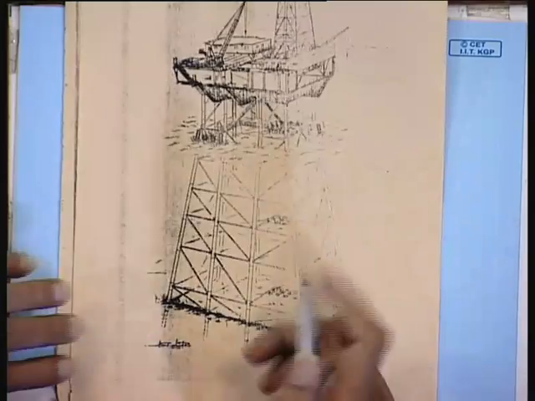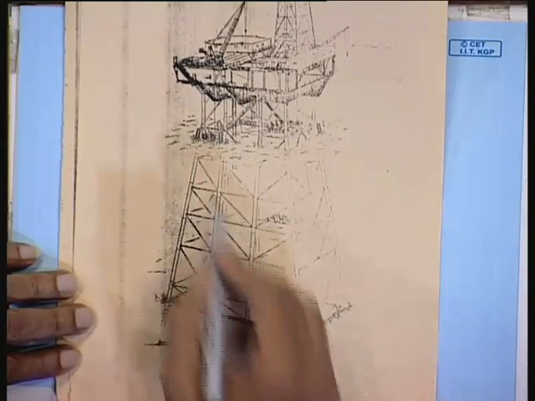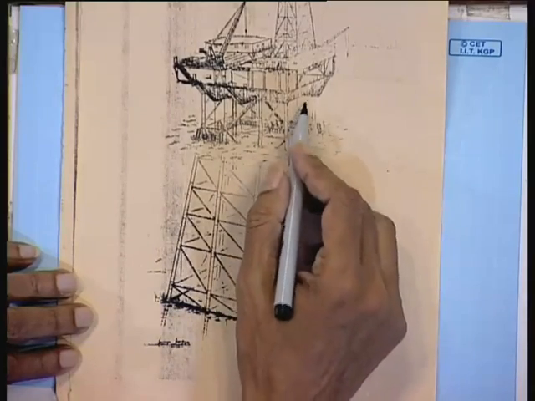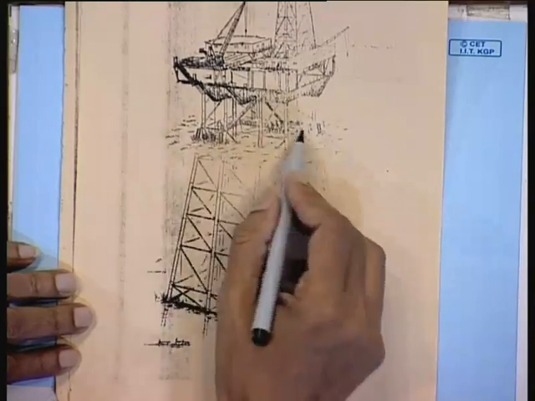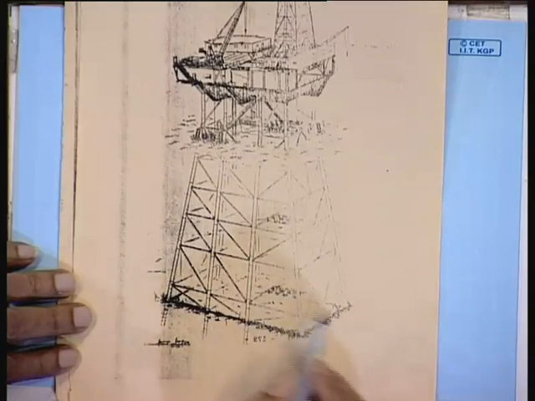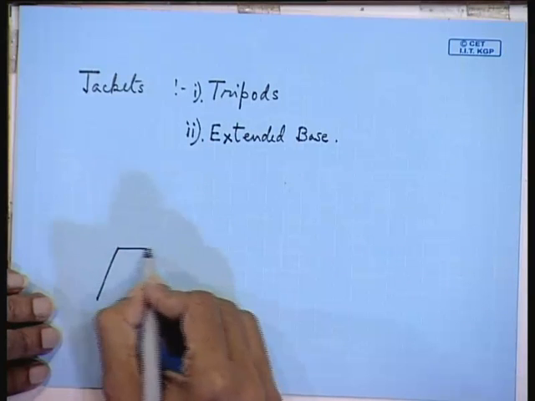Now, you can see here that the base is made quite large. Instead of this thing being uniform, the base has been widened. So, this is a picture of an extended base. Now, extended base also you can go like this.